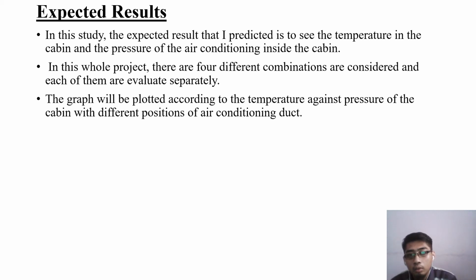In this whole project, there are 4 different combinations considered, and each of them is evaluated separately. Lastly, the graph will be plotted according to the temperature against pressure of the cabin with different positions of the air conditioning duct.